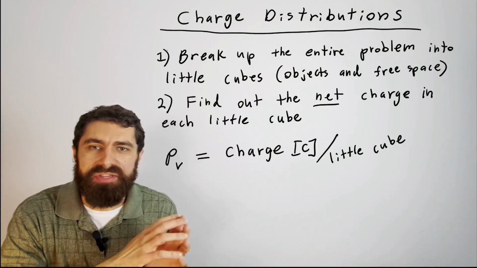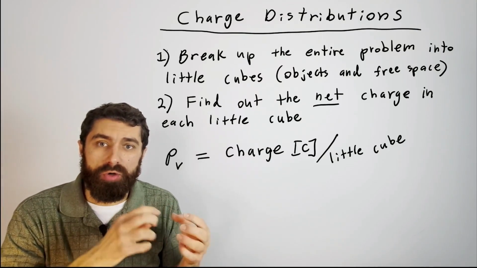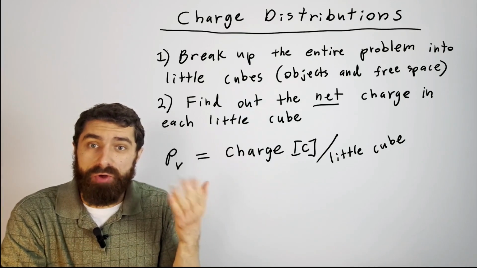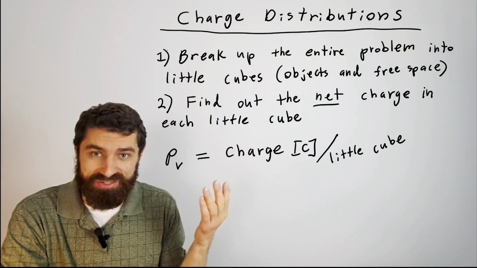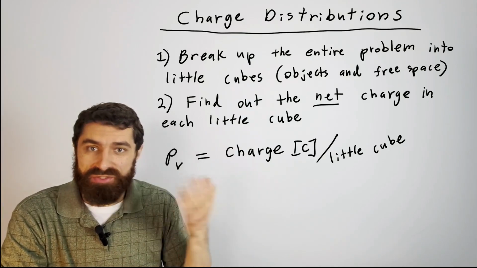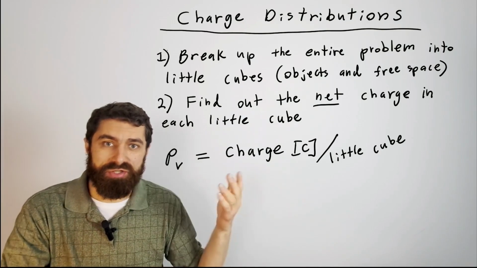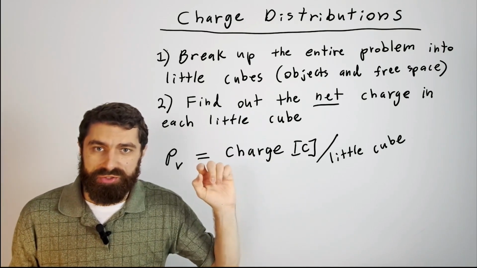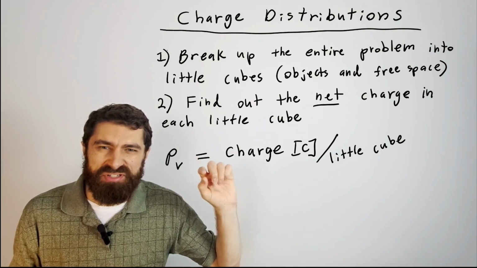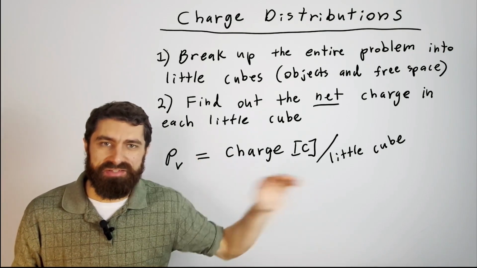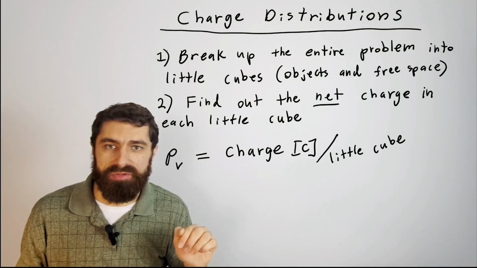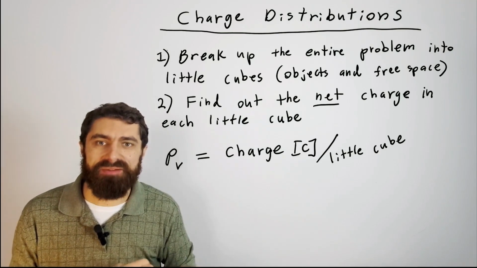We define the charge per little cube as the volumetric charge density. That's the term that was in your Maxwell's equation. The charge per unit infinitesimal cube is what we mean by charge density.